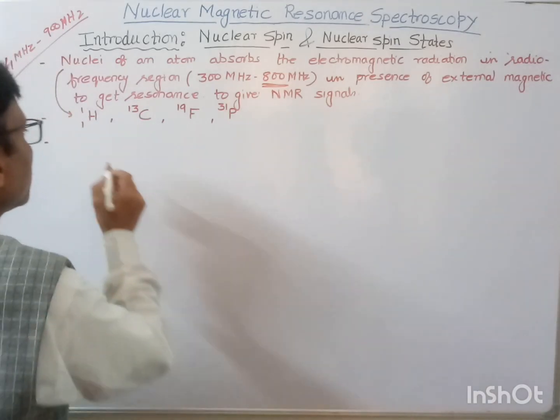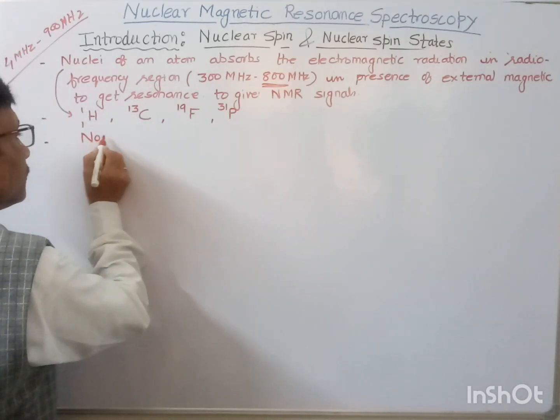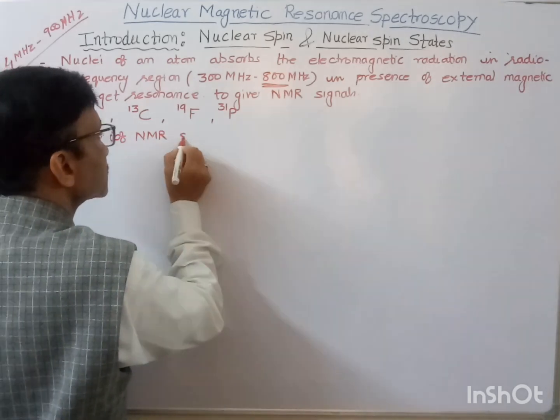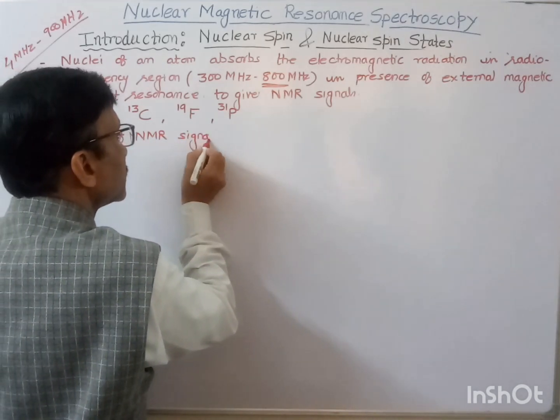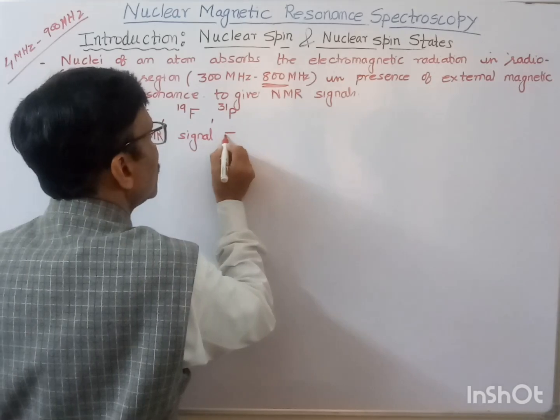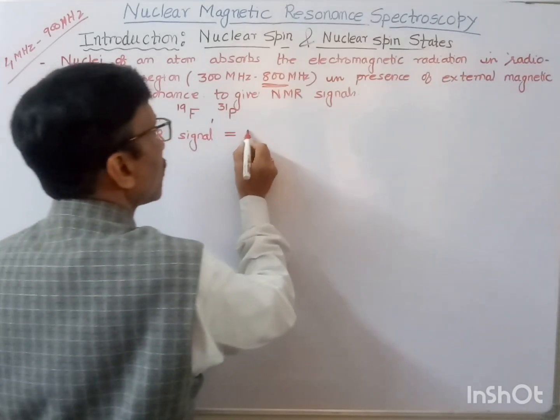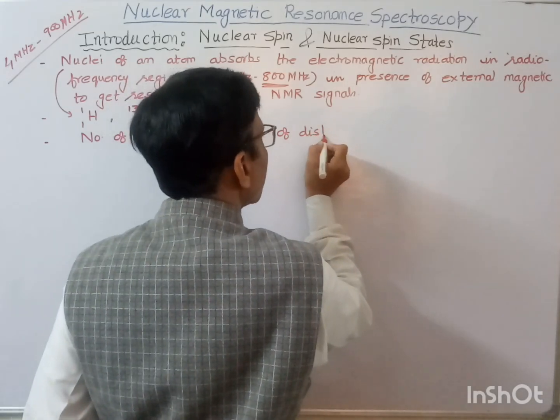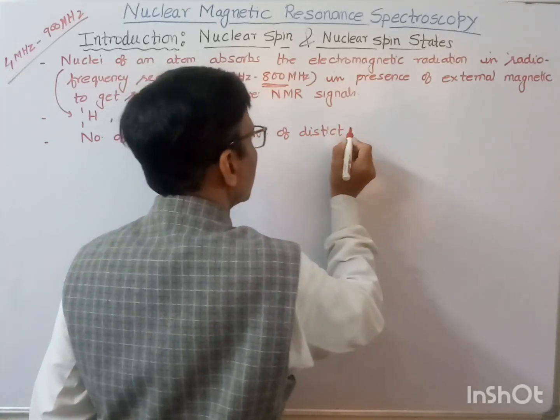So the number of NMR signals is equal to the number of distinct or different types of nuclei.